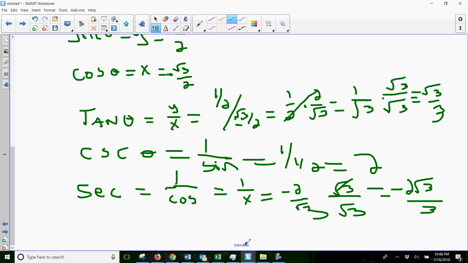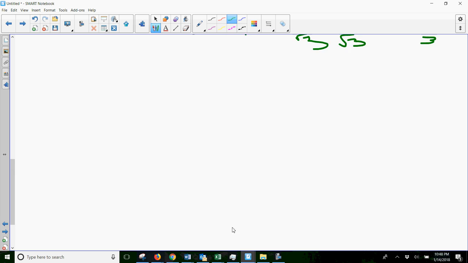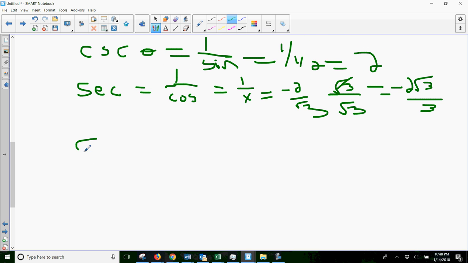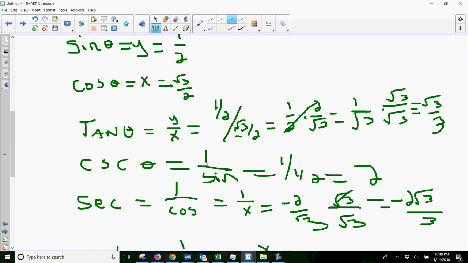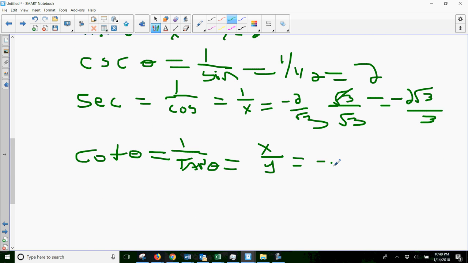Okay. For the last one, we're looking for the cotangent of theta, which is going to be 1 over tangent theta. Tangent theta was y over x, so this is going to become x over y, which here x is negative √3/2.